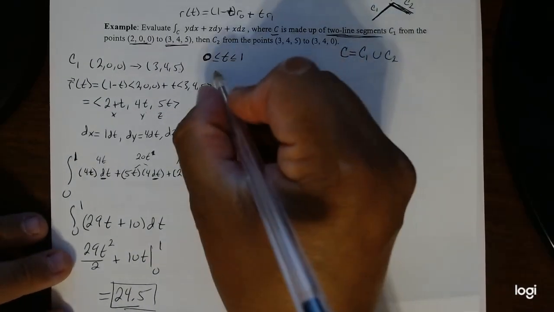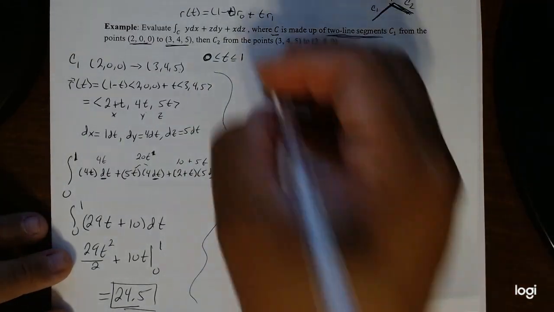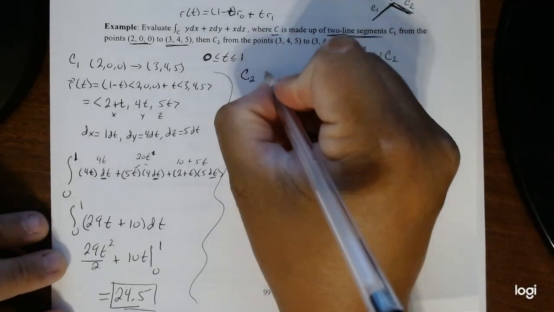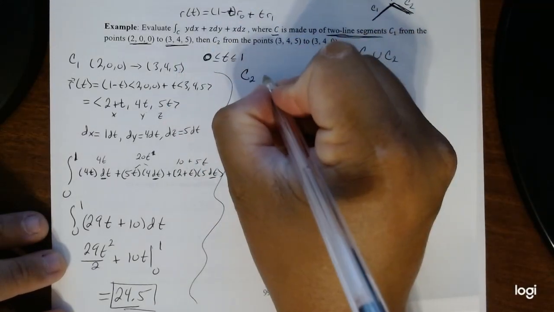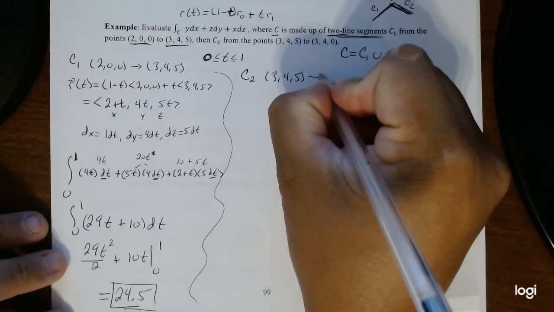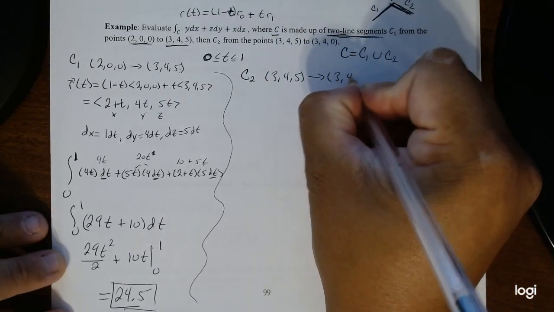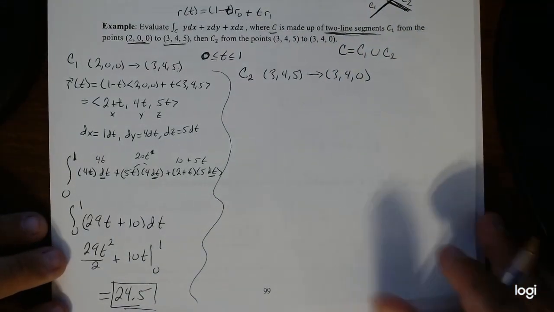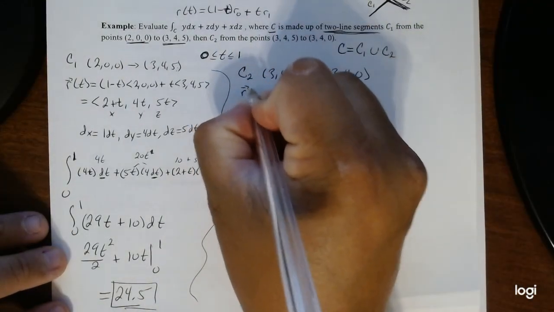And now, we do the exact same thing, but along the other curve. And the other curve goes from the end point of here. So it goes from 3, 4, 5 to 3, 4, 0. Okay. So therefore, we're going to have a new vector representation.